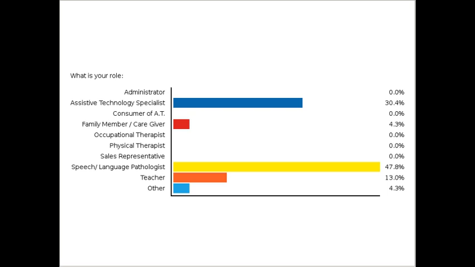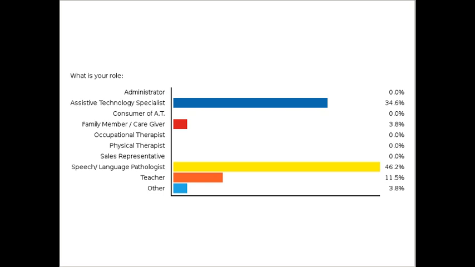I cannot believe that I'm getting ready to celebrate my 20th year in Wisconsin. In those years of being a teacher, I worked in early childhood settings. I was a transitional kindergarten teacher. I worked in high school resource. In all of those settings, I had kids that had complex communication needs.